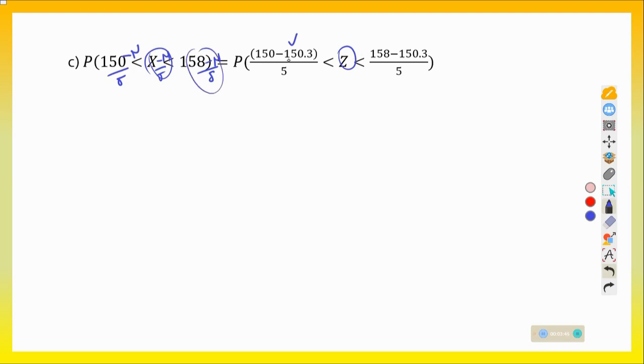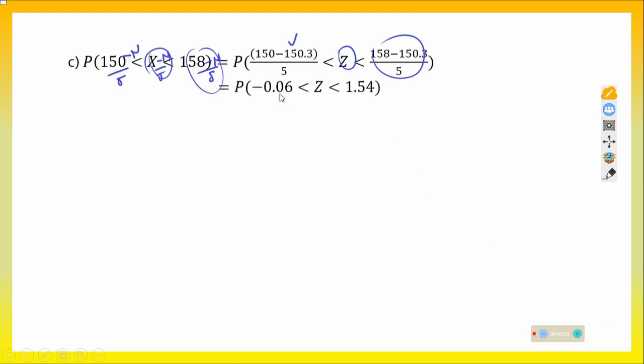After standardizing, you will have negative 0.06 less than z less than 1.54. Then we can treat this as p of z less than the upper expression minus p of z less than the lower expression. That is what you have there.